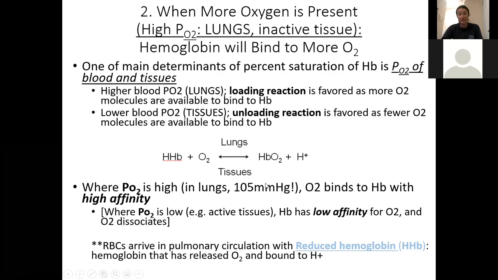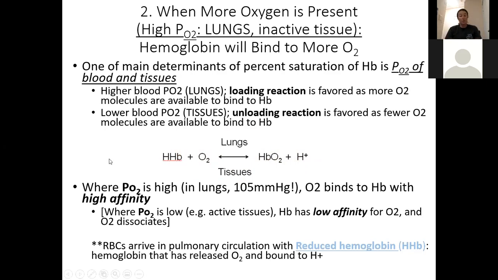We're going to be talking about this more as we go through this lesson, but essentially in the lungs where there is oxygen, oxygen can bind to Hb, hemoglobin, so hemoglobin and oxygen here, and it actually spits off a hydrogen ion. In the tissues, oxygen is unloaded from hemoglobin. Now it is unloaded, and in its place, we're going to see a hydrogen ion bind to that hemoglobin molecule.